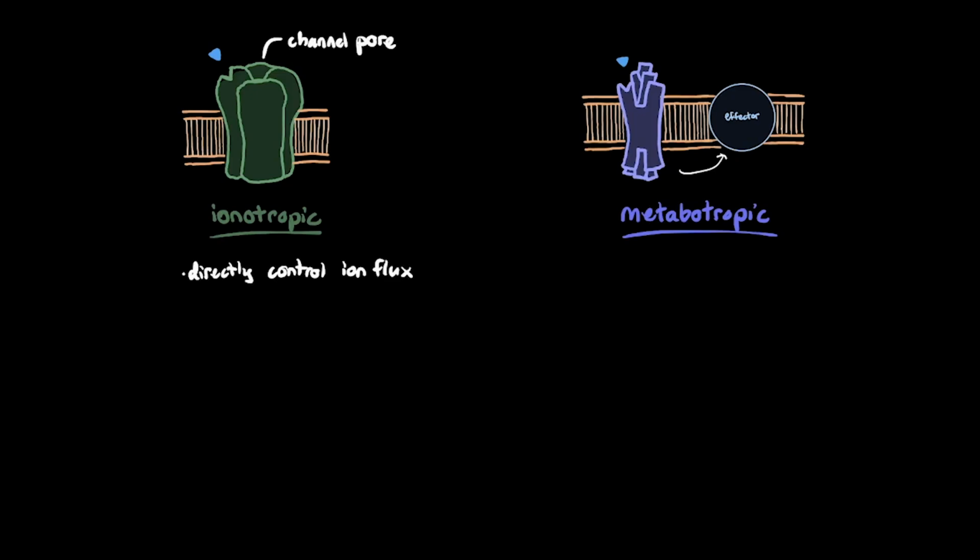And for this reason, ionotropic receptors are also called receptor channels. And this name is helpful because it just says the two pieces. So you have the receptor that binds the ligand, and then also the channel, the ion channel piece of it, and it's just in one, they're combined. And these can be either excitatory or inhibitory.